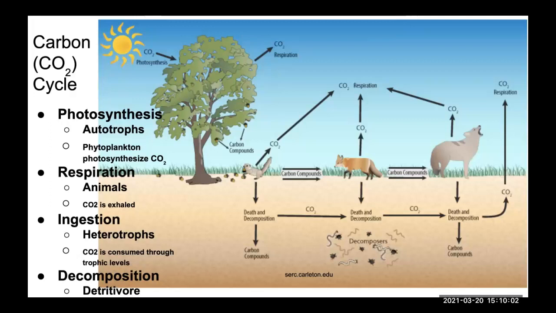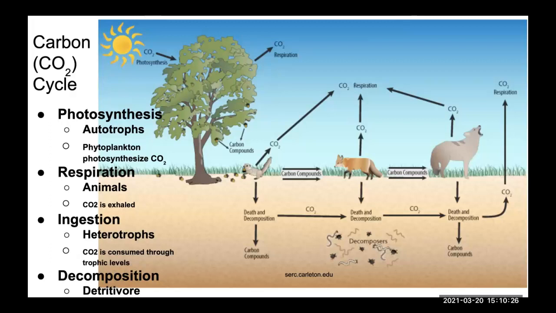As well, decomposition occurs. Decomposition occurs with detritivores, which are things like fungi, earthworms, and bacteria that can break down molecules and organisms and put the components back into the earth.